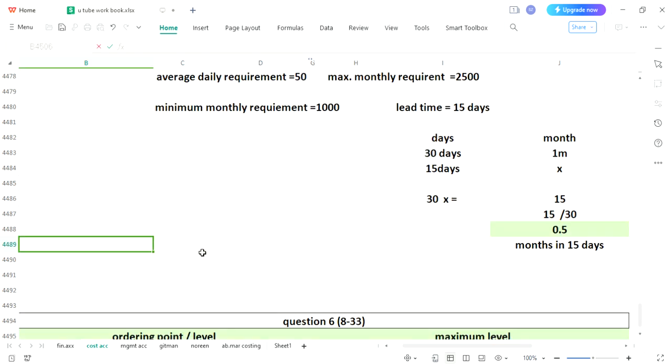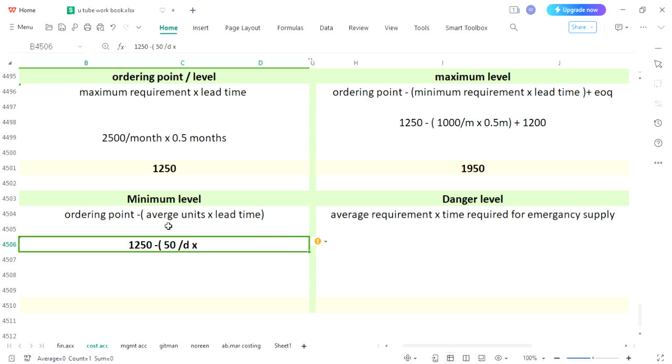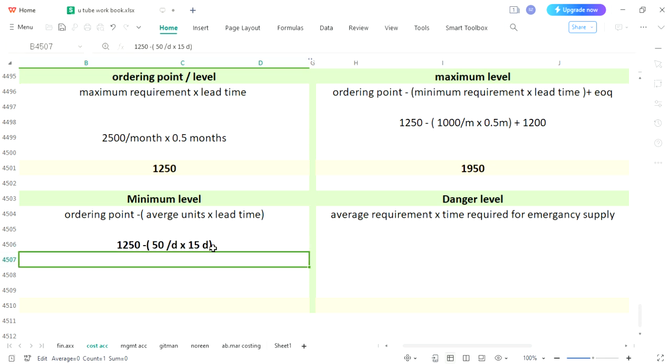So we'll go back to the question. We do have two lead times. Lead time given in the question was 15 days, and we had converted it into months as well. But right now we have our average requirement in days, so we will use our time as well in days. So statement is completed.